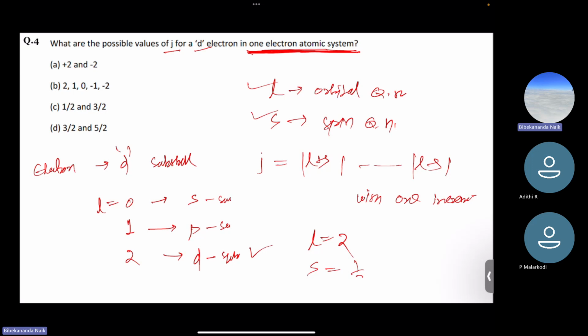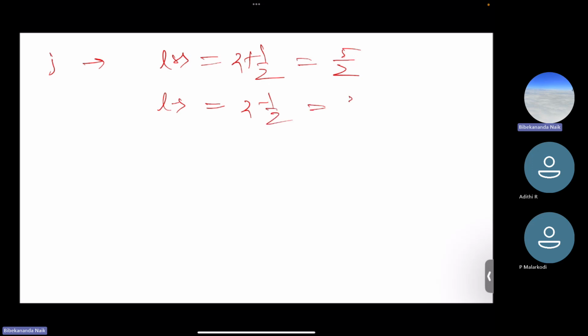Now, what will be the value of J? It will be L plus S to L minus S. L plus S is 2 plus half, that is 5 by 2. L minus S is 2 minus half, that is 3 by 2.